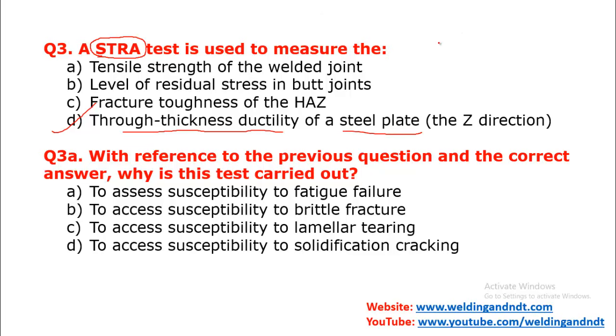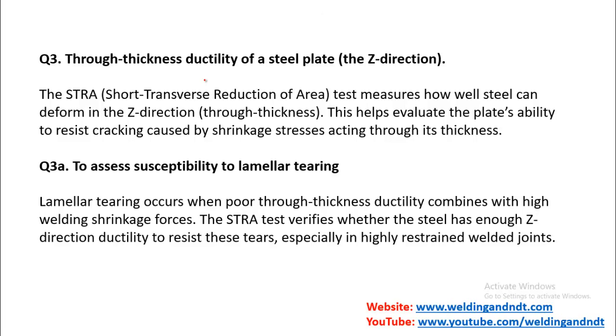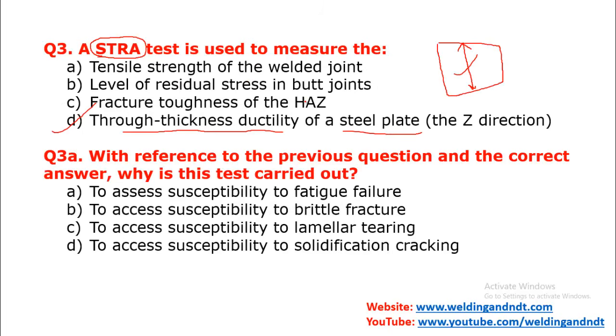For example, this is a steel plate. Through thickness means the entire thickness of the plate, that is the z direction. So to check the through thickness, this STRA test is conducted. The full form of STRA test is short transverse reduction of area. If you want to understand in depth, you can go and learn.